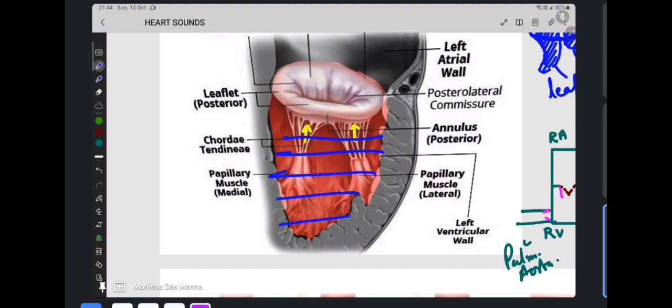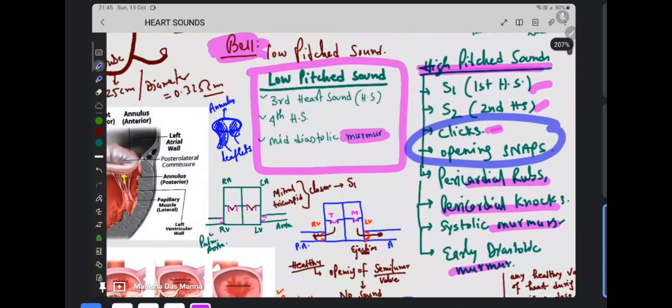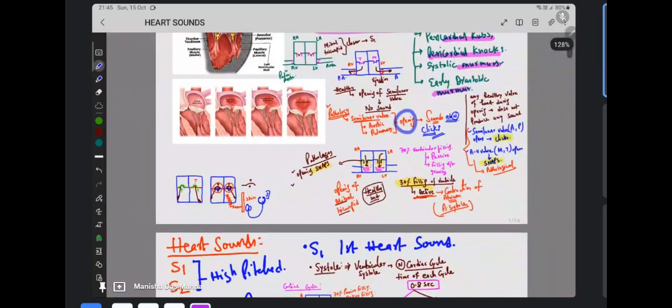The blood column present inside the ventricle is also vibrating, and this vibration of the valve is producing the first heart sound, that is S1. Is it clear?